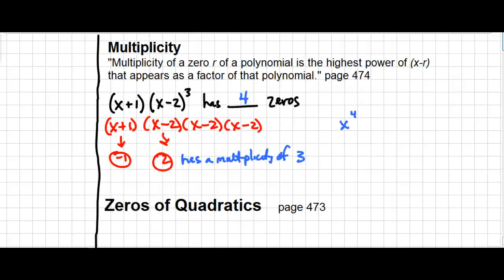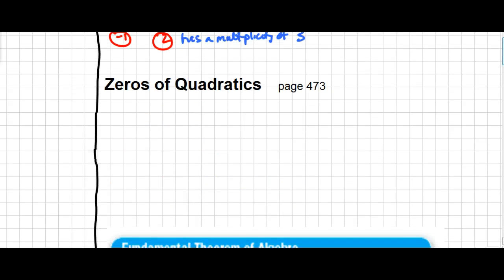The other topic for today is on zeros of quadratics. Remember that a quadratic is a degree 2. And so when we talk about how many zeros a quadratic will have, there are 3 different possibilities. A quadratic, which forms a parabola when graphed, could have a situation where the parabola doesn't cross the x-axis at all, so it has no zeros.